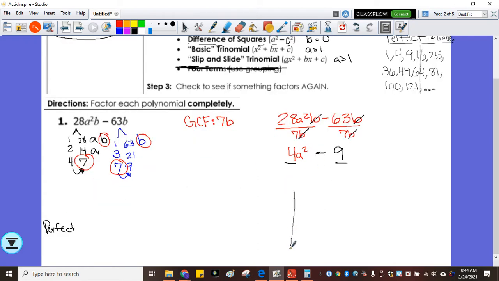So draw our box. And our X thing. Remember, you have to multiply a and c and figure out what multiplies to that number and adds to your b.